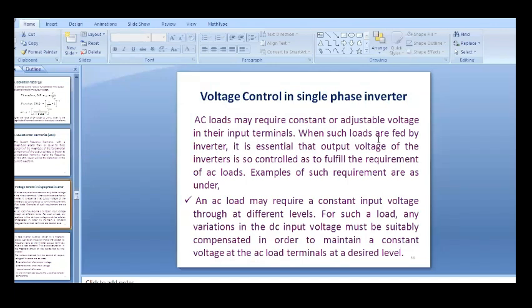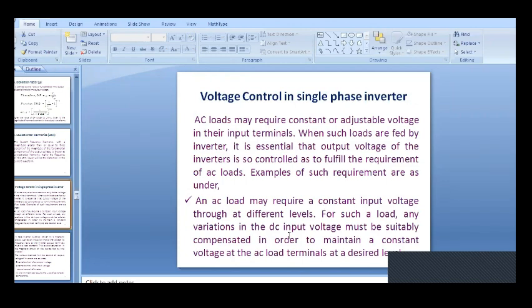When such loads are fed by the inverter, it is essential that the output voltage of the inverter is controlled so as to fulfill the requirement of the AC loads. Sometimes for application purposes we require a constant voltage and an adjustable voltage.